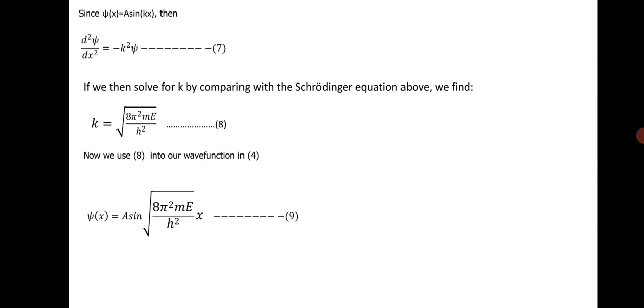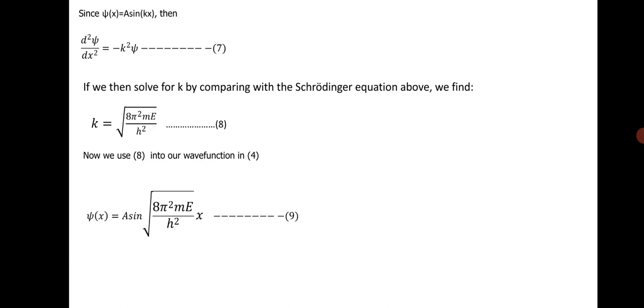So now substitute for k. What are you going to get? The wave function psi is equal to a sin kx. We know that, right? So by substituting for k, we will get psi of x is equal to a sin of the square root of 8 pi square mE by h square into x.